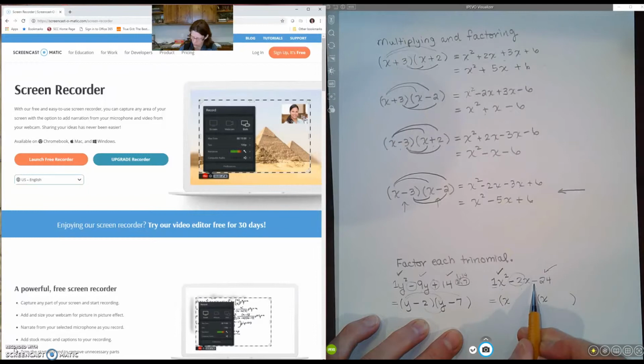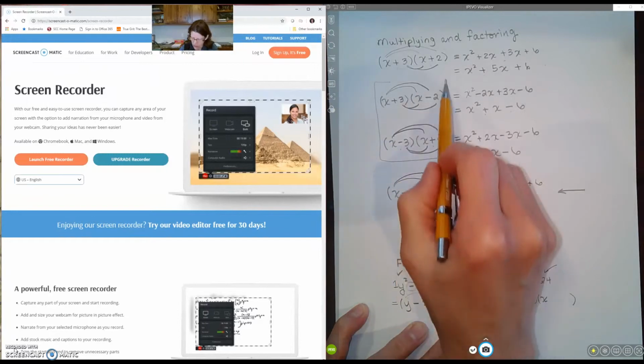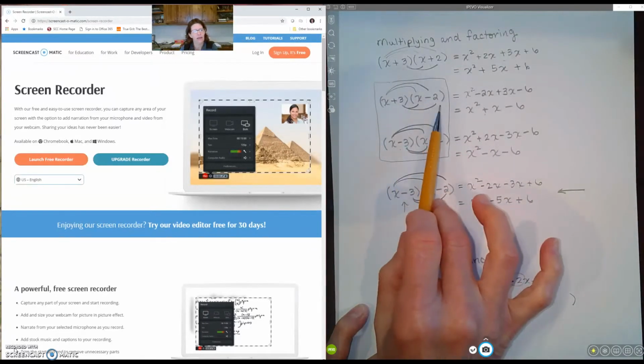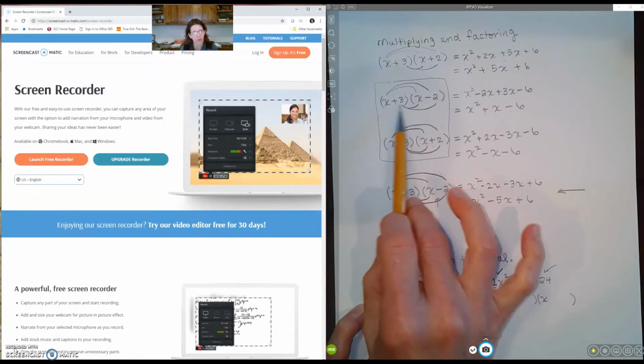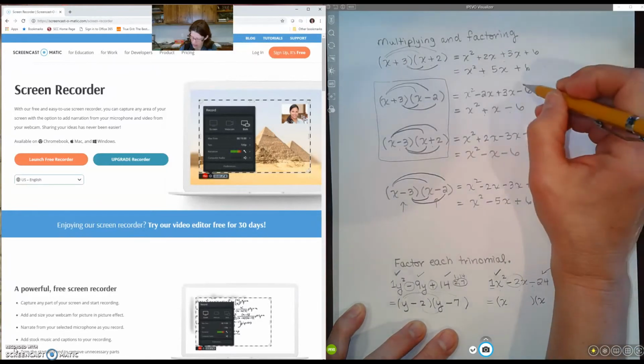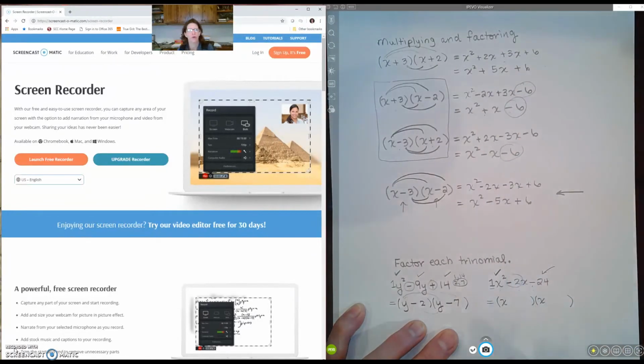Okay, so notice that's a negative 24, and so we know that we're going to be multiplying binomials that are differently signed. Okay, that one of those binomials has a plus and the other has a minus symbol to get a negative product, okay, at the end of those multiplications.